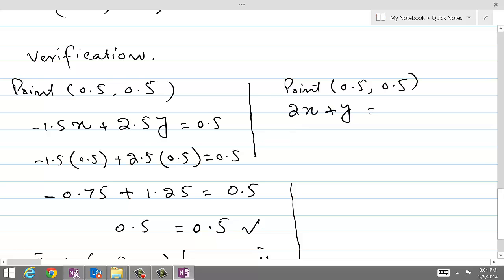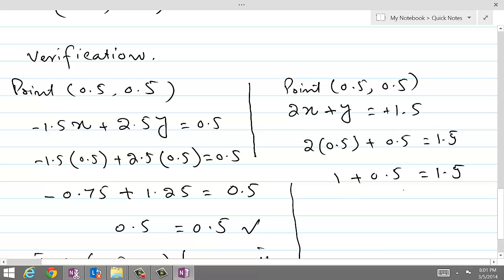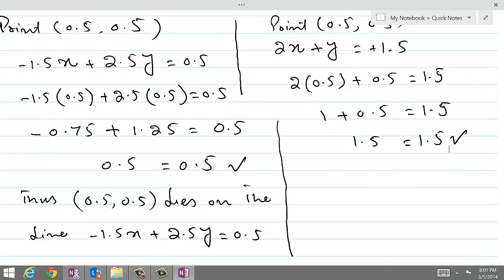Instead of x we substitute the value of x, so 2 times 0.5 plus 0.5 equal to 1.5. 2 times 0.5 is 1, plus 0.5 is equal to 1.5, and this is 1.5 equal to 1.5. So the same point lies on the second equation.